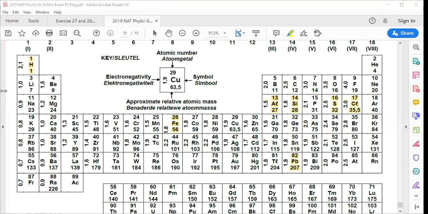Okay, you're going to write: empirical formula. It is a whole number. It is the simplest whole number ratio of atoms present in a compound.